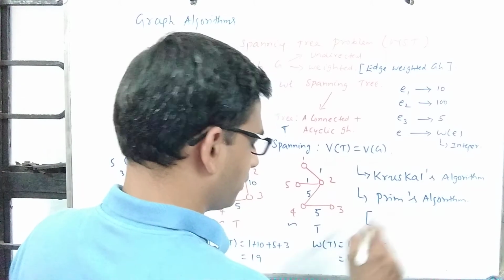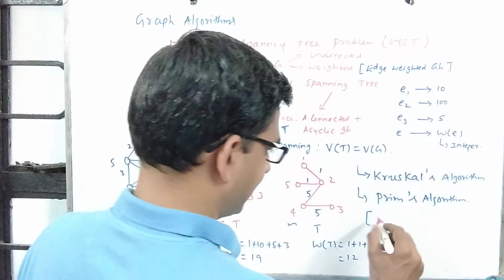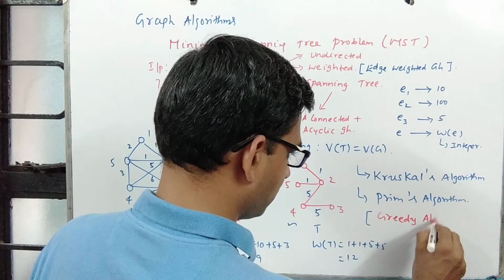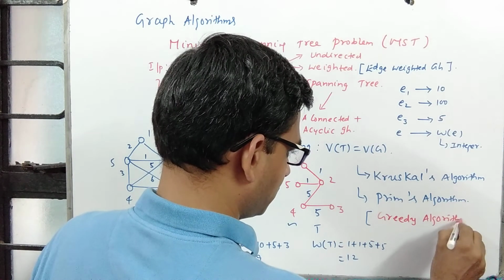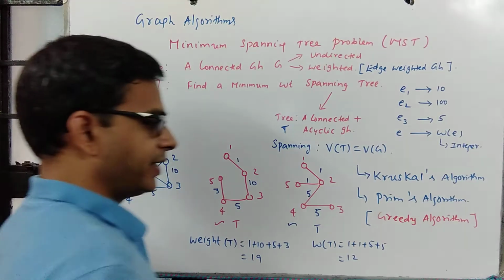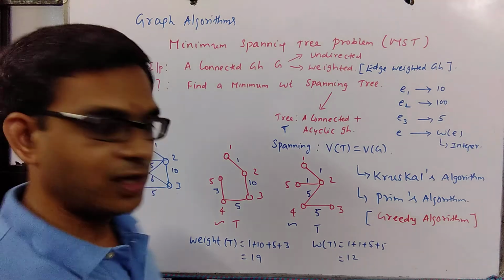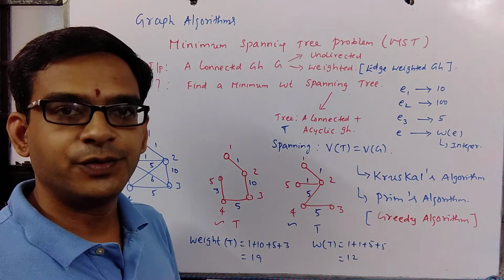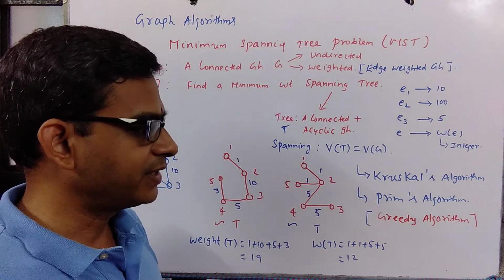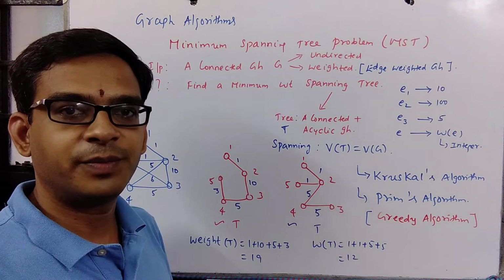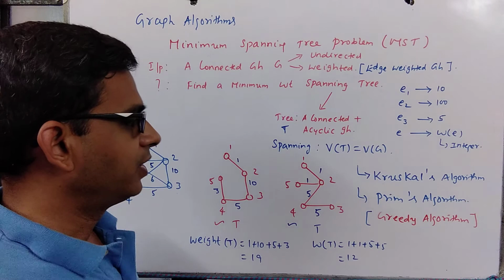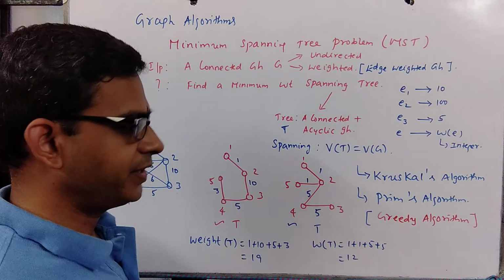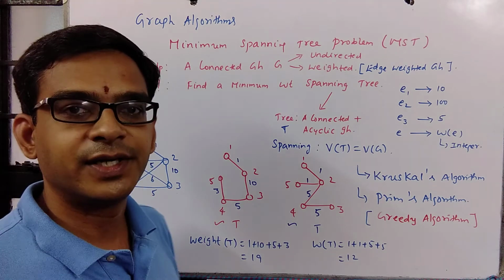Both follow a greedy strategy, so both are greedy algorithms. Which means it starts from a local optimum, thinking, or intuitively if you observe, that by moving from one local optimum to another local optimum, we will indeed reach the global optimum, or we will indeed obtain a minimum weight spanning tree.